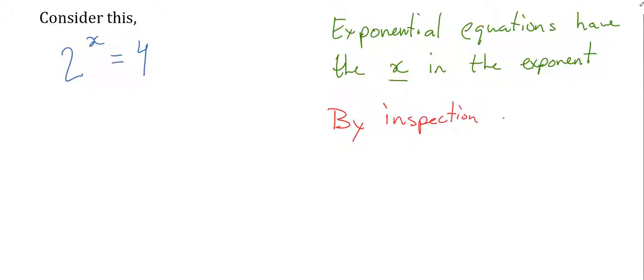By inspection, you can see that x equals 2, because 2 squared is 4. Okay? But like I say, that's not good enough. So if I write it like this, 2 to the x equals 2 to the 2.